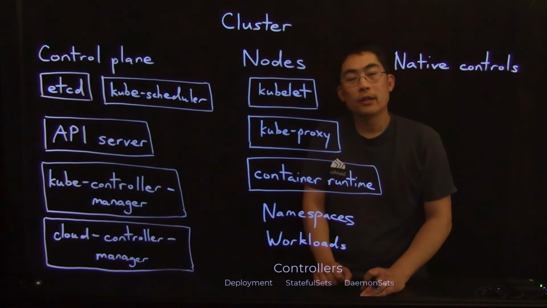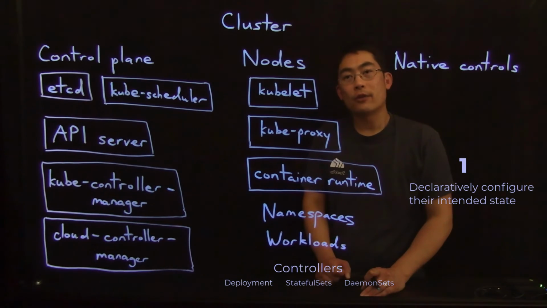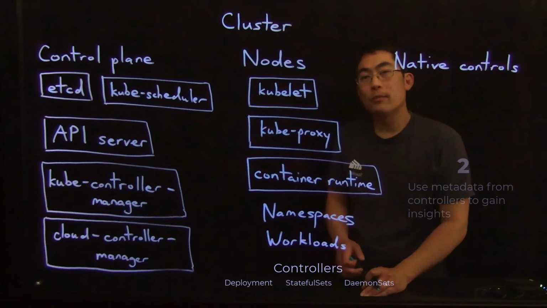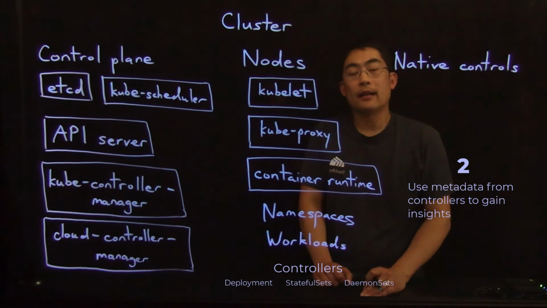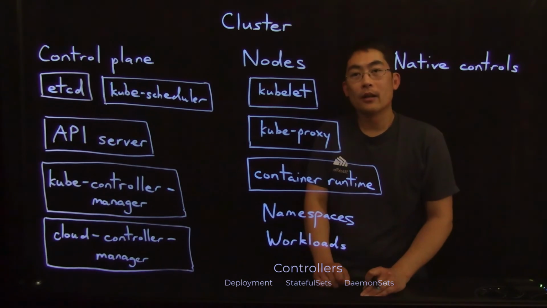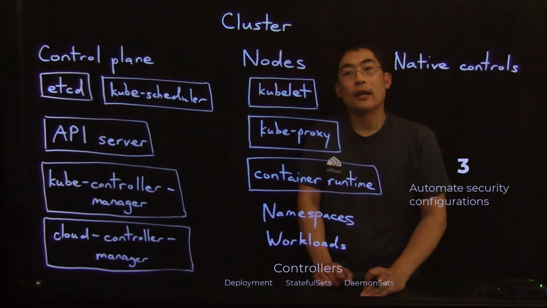They allow you to first declaratively configure their intended state, meaning you can specify aspects of security via a manifest or configuration file or some other artifact that pertains to a given workload. You can also use metadata from controllers to gain more context and insight that can be used as part of security decisions. And then third, you can automate security configurations by specifying criteria for the workload resources that these controllers manage.